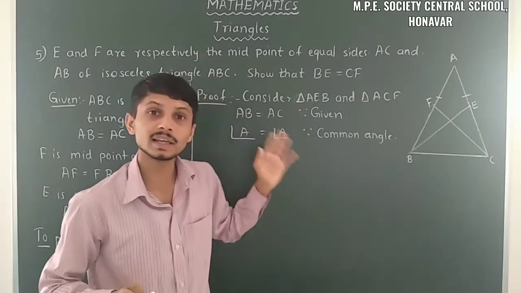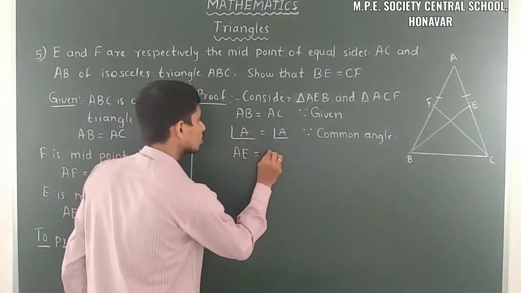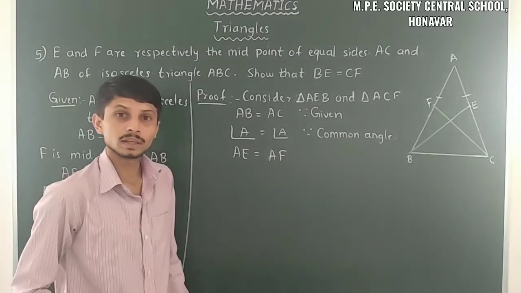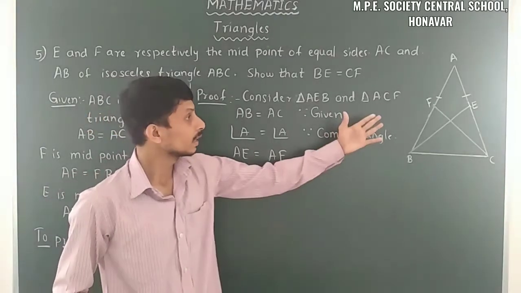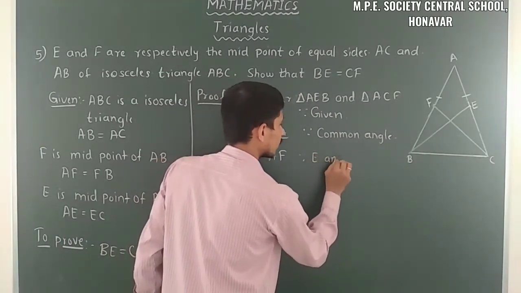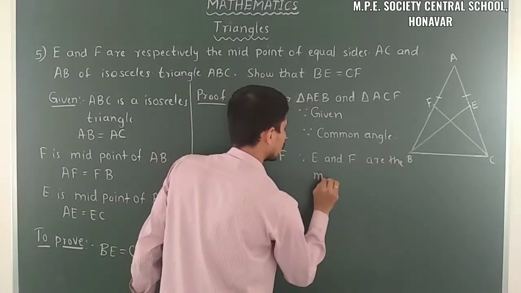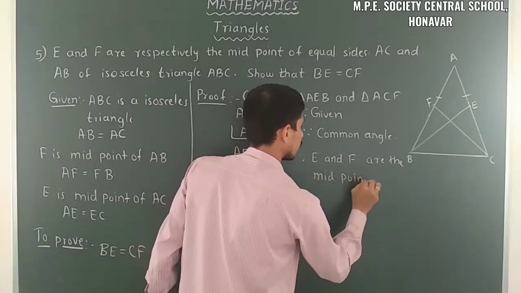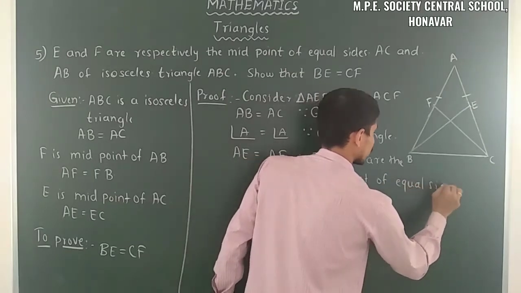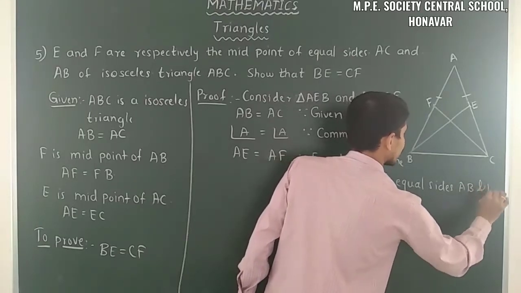That means we can take AE is equal to AF, because E and F are the midpoints of the equal sides AB and AC.